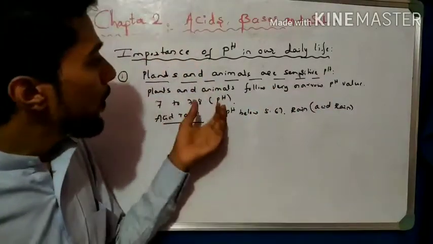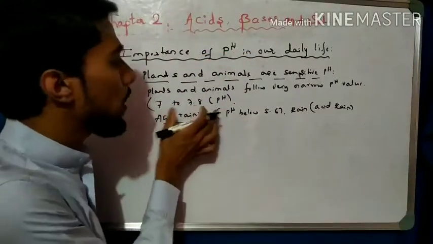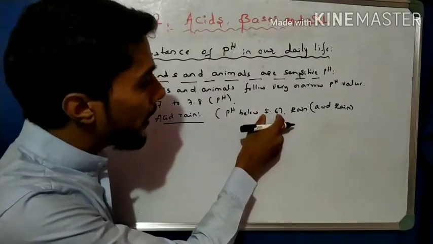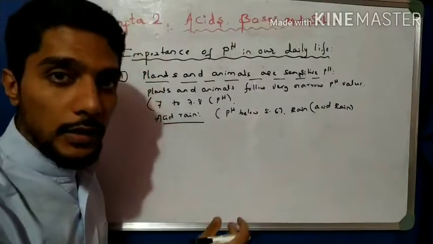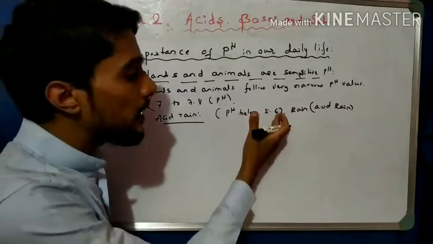Why? Because plants and animals work only in the pH range of 7 to 7.8, but you observe that the rain pH is below 5.6, which is water below 7, that is, it is more acidic.